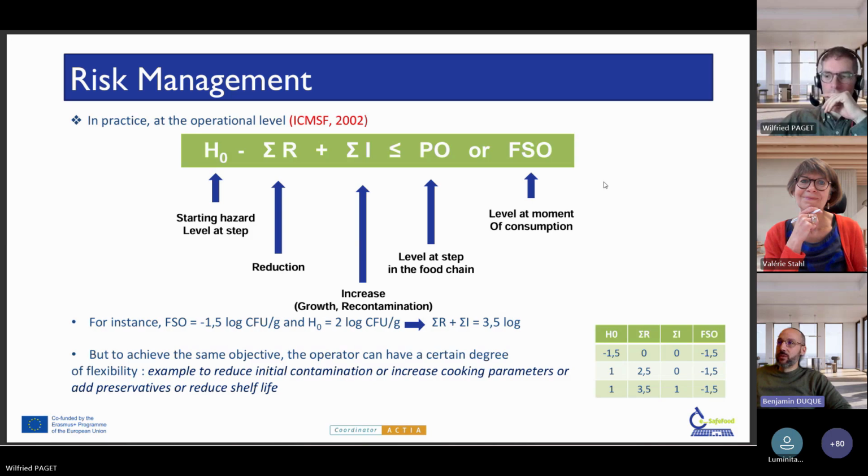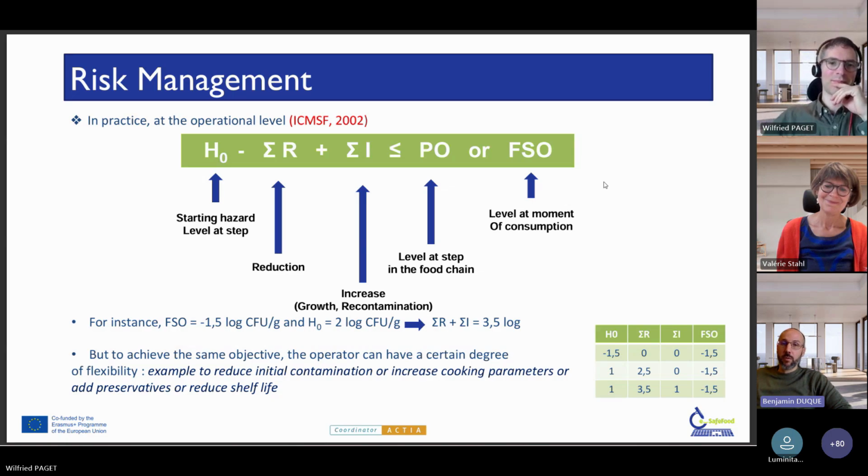So H0 is the initial contamination concentration, usually at the beginning of the process. The sum of R corresponds to the process steps that can lead to a decrease in the concentrations of microorganisms, and conversely, I, the process steps where growth or a recontamination can occur.